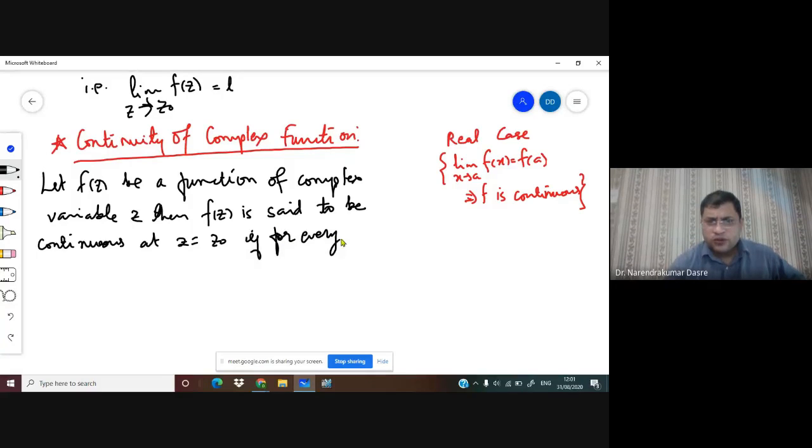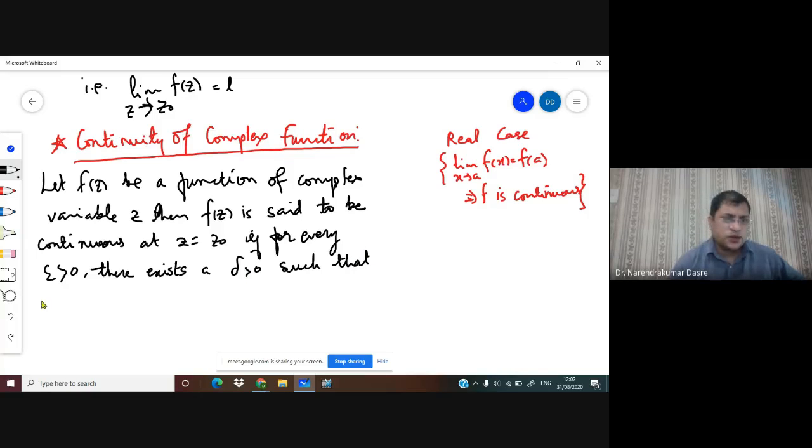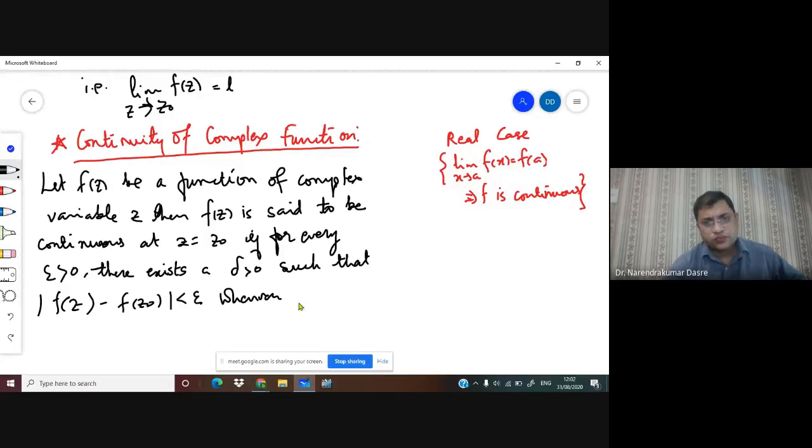for every epsilon greater than 0 there exists a delta greater than 0 such that the distance between f of z and f at z0 has to be less than epsilon whenever the distance between z and z0 is less than delta.